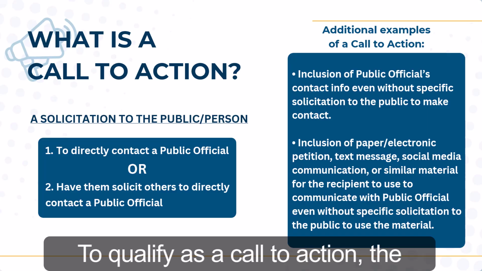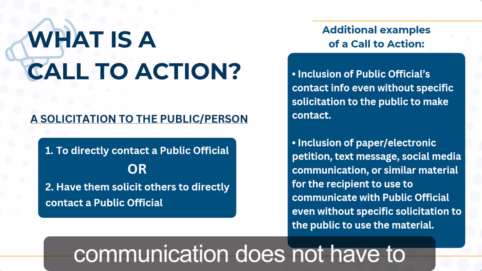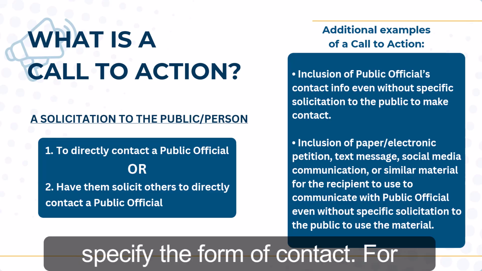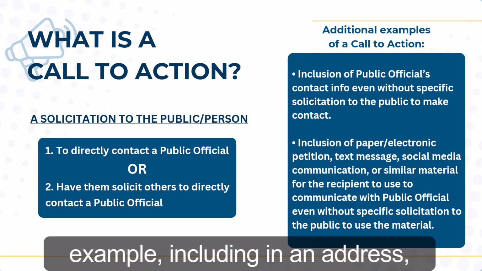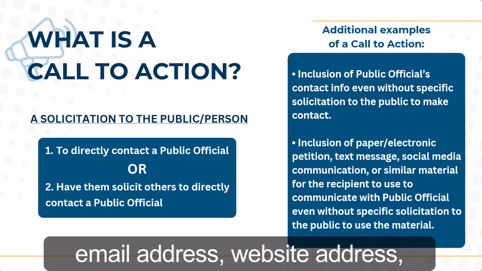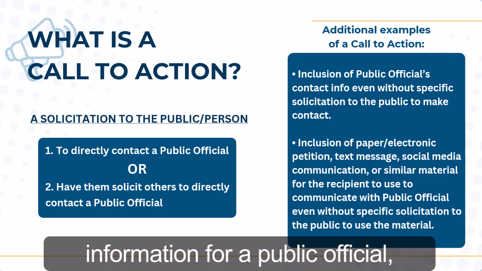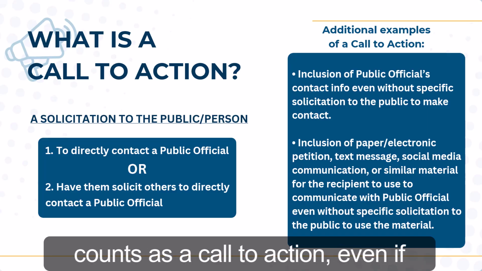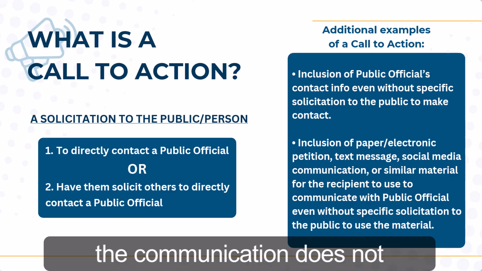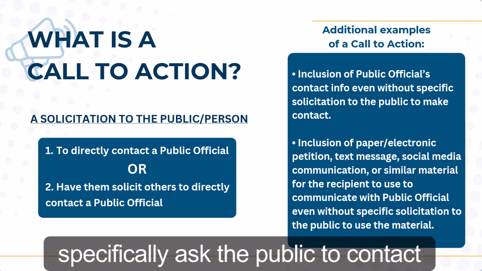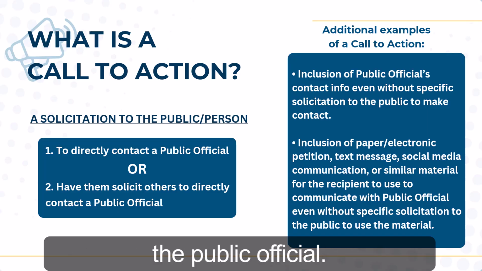To qualify as a call to action, the communication does not have to specify the form of contact. For example, including an address, email address, website address, phone number, or similar contact information for a public official counts as a call to action, even if the communication does not specifically ask the public to contact the public official.